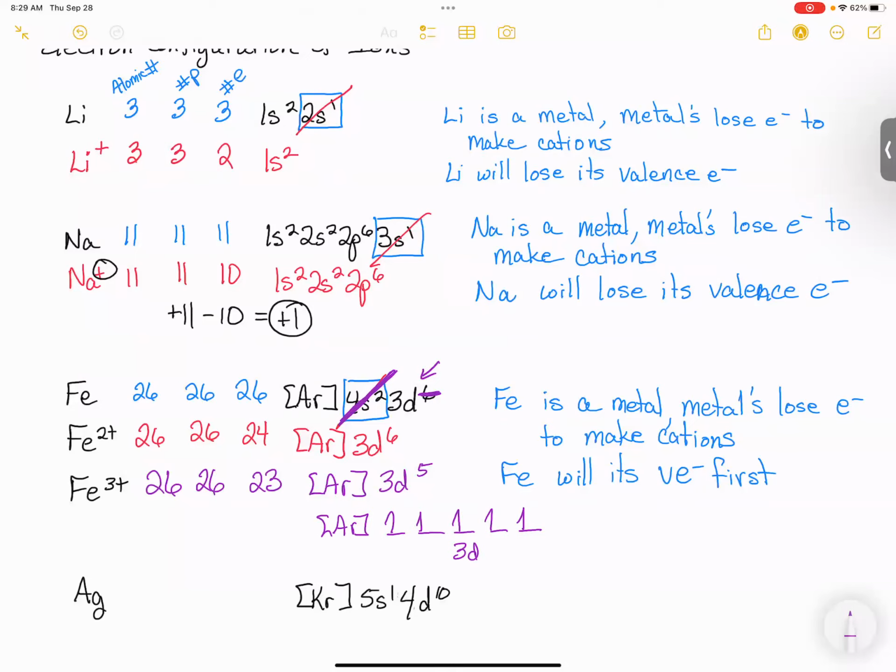And what did I say on Tuesday about half-filled subshells? They're more stable. So iron 2 and iron 3 are the only forms of ion that you will encounter. Iron 2 results from the loss of valence electrons. Iron 3 results from the loss of that 3rd electron to make a half-filled subshell, which adds stability.